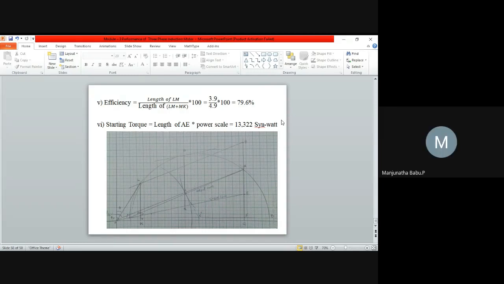So power scale is 3600.58. Check whether you're getting 13,322 synchronous watt.